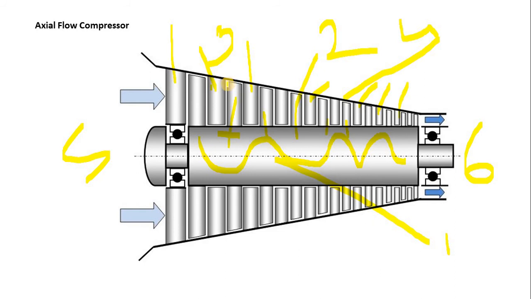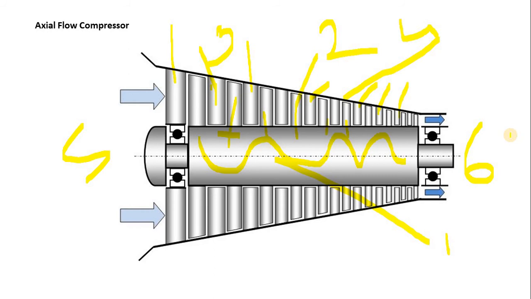The third important component is the stator blade, and the stator blade is in static condition and always connected to the stator. There is no kind of movement. This is the fourth part, the casing along with the stator blade. Fifth part is the inlet section, and sixth part is the outlet section.